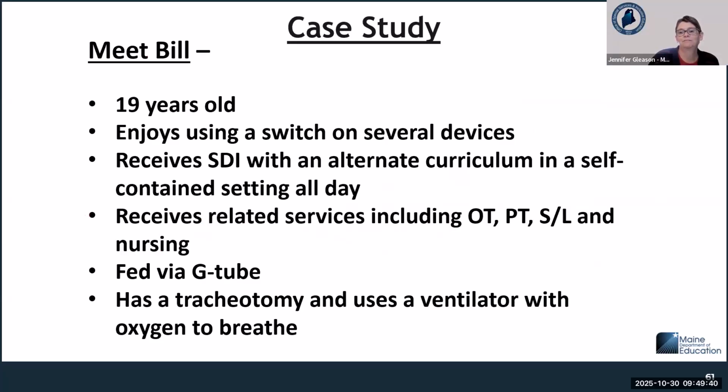Here's a case study, and this is one of those kids, Michelle. Bill is 19 years old. He enjoys using a switch, cause and effect. He receives SDI with an alternate curriculum. He's in a self-contained setting all day. He receives all of the related services.